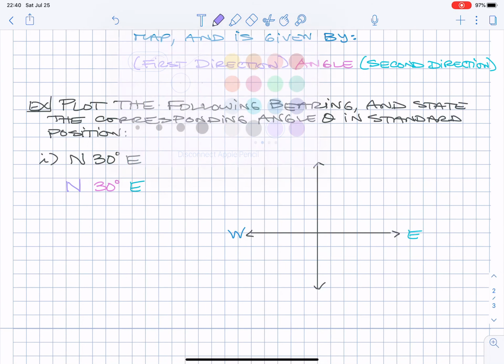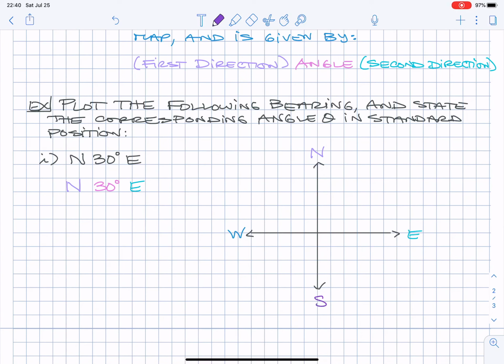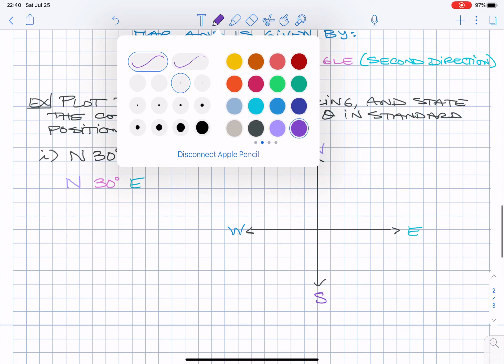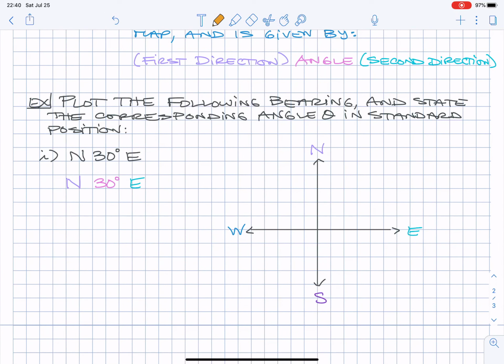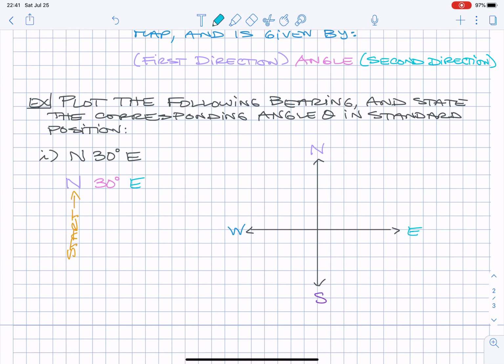This is north and south. Okay, so what a bearing means is we start at the first direction, and then we go towards the second direction.